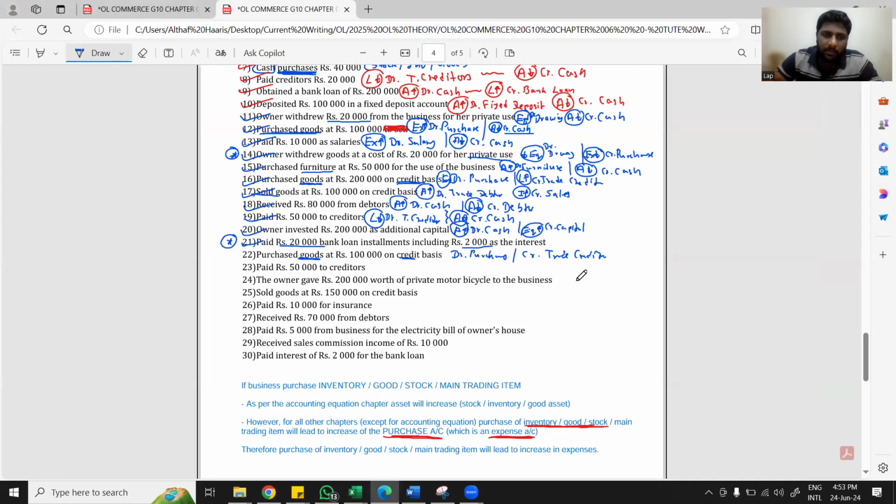Again, people, easy one. Paid 50,000 to creditors. So our money is going out. Our cash asset is decreasing, credit. And we are paying to creditors, so we have to reduce the liabilities because we are settling them. So liabilities are decreasing.